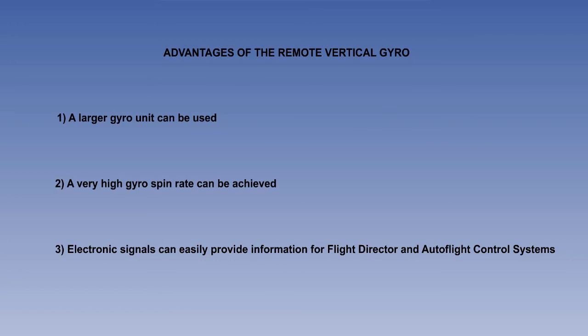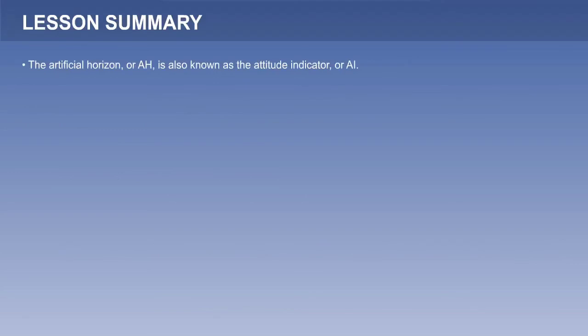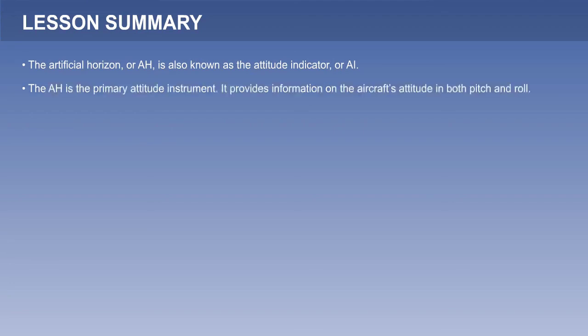This concludes the lesson. A summary of the main points of the lesson follows. The artificial horizon, or AH, is also known as the attitude indicator, or AI. The AH is the primary attitude instrument.